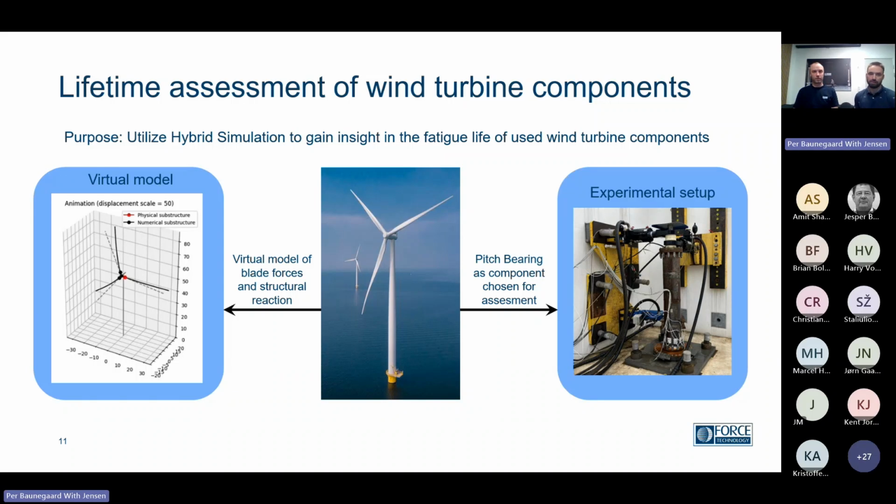So the purpose is, how can we utilize hybrid simulation as a tool to gain insight into the lifetime of our used wind turbine components? There are different ways of doing this.